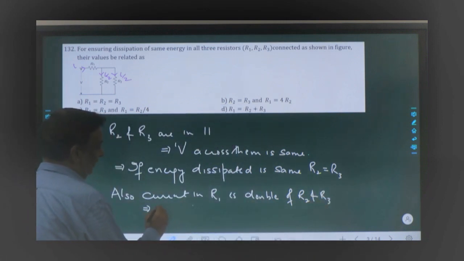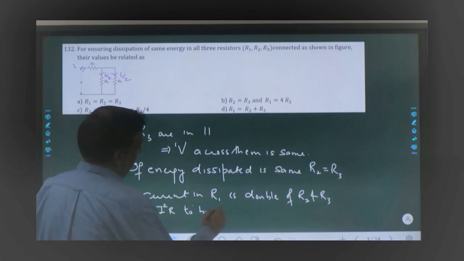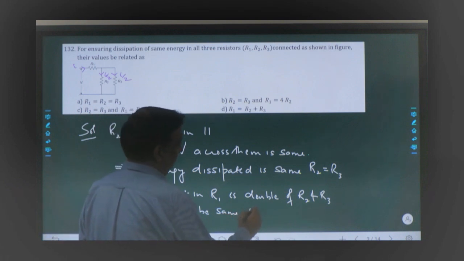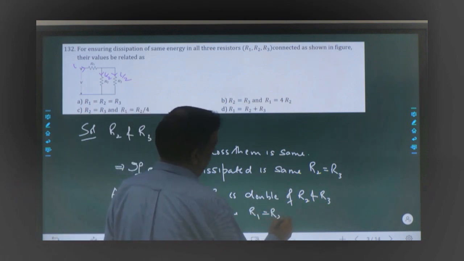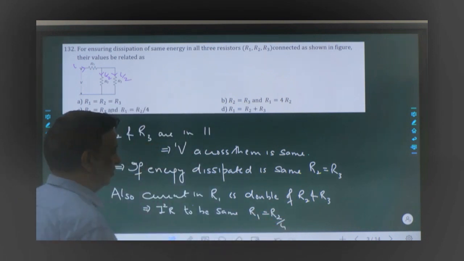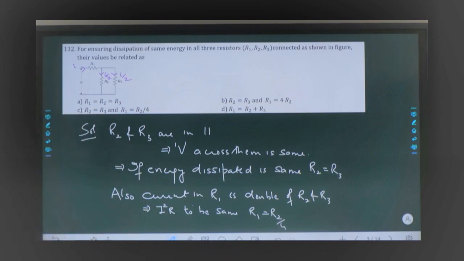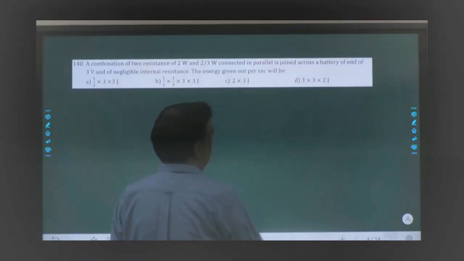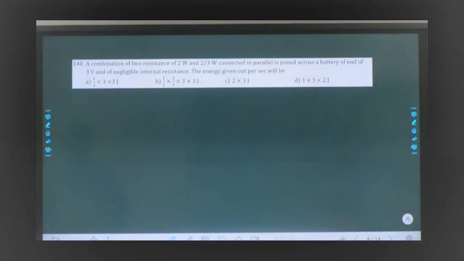Like for I square R to be same, R1 should be equal to R2 by 4.